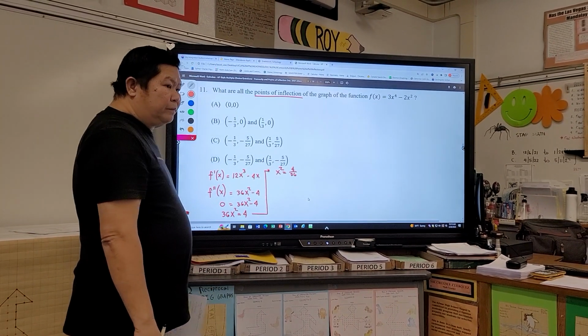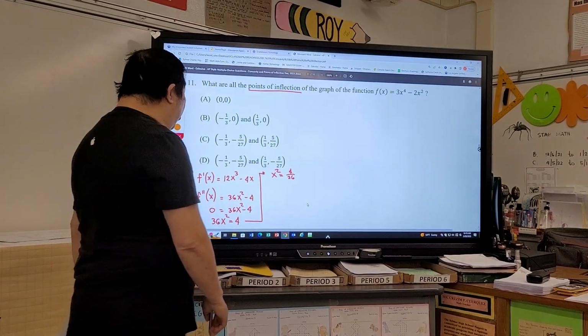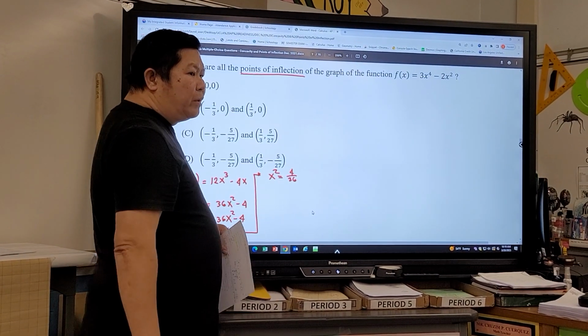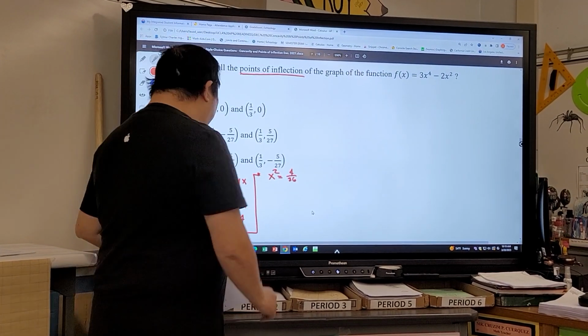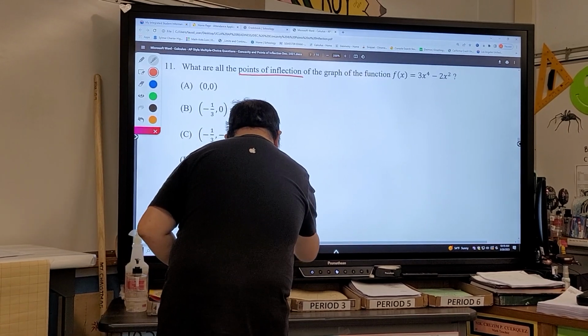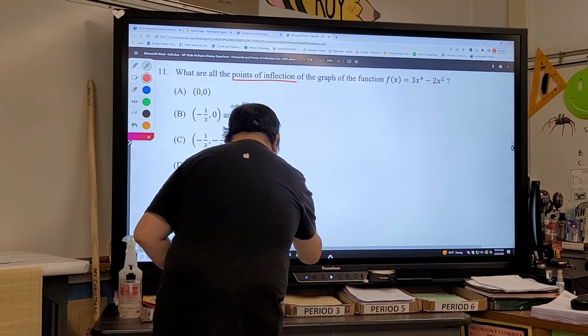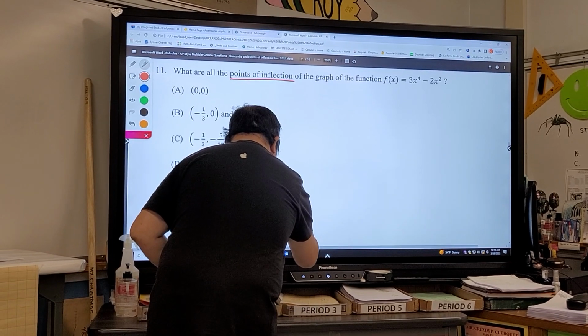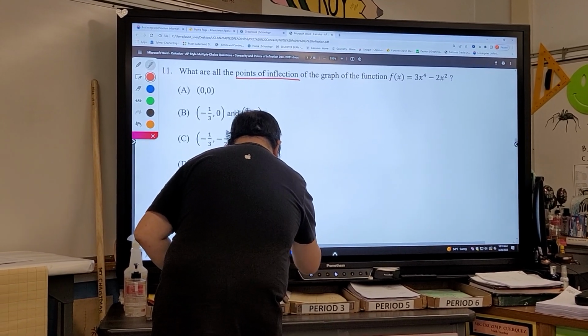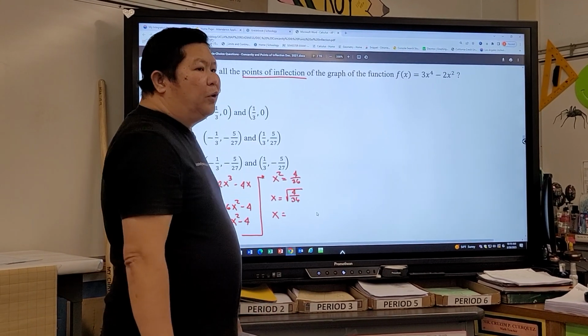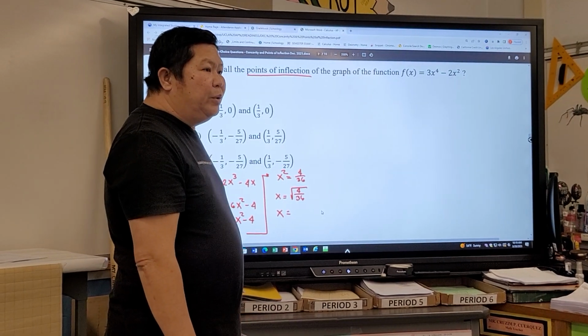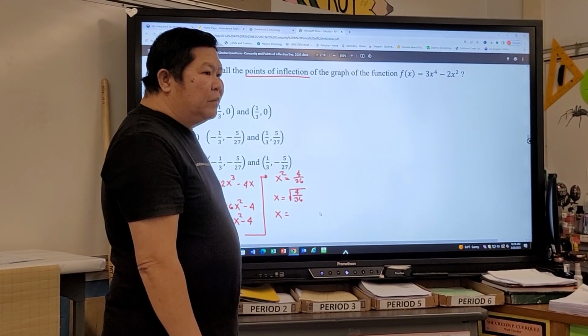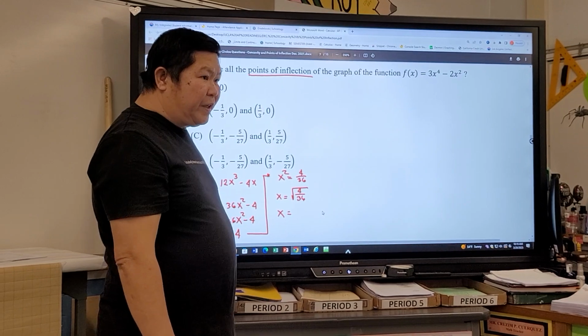Okay? And take the square root. So this means x is equal to the square root of 4 over 36. The square root of 4 is 2, and the square root of 36 is 6.